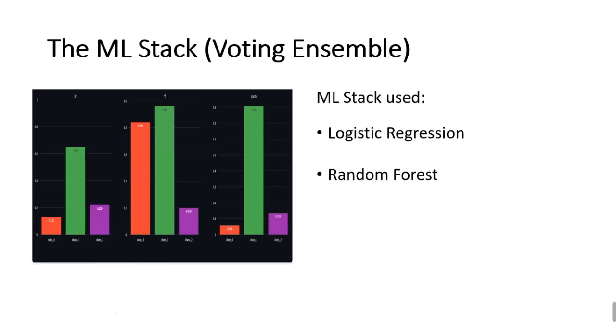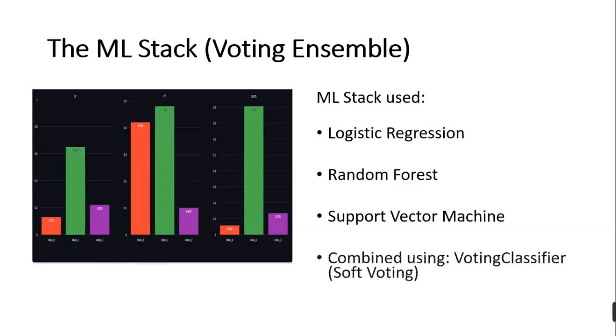So these are the ML stacks: Logistic Regression, Random Forest and Support Vector Machine, which are combined using a voting classifier with soft voting. And this voting classifier is deployed using Joblib, which is then used in a Streamlit app.